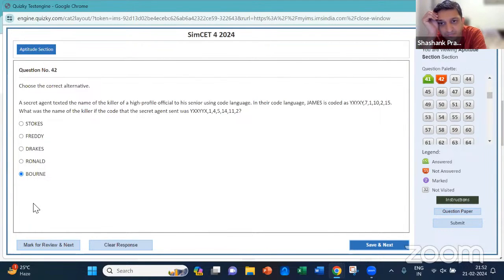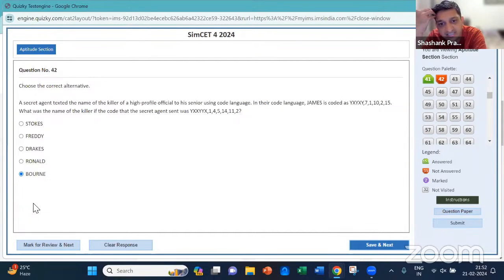Numbers, J is 10. A is 1, which is fine. M is 13, but it became 10. E is 5, it became 2.